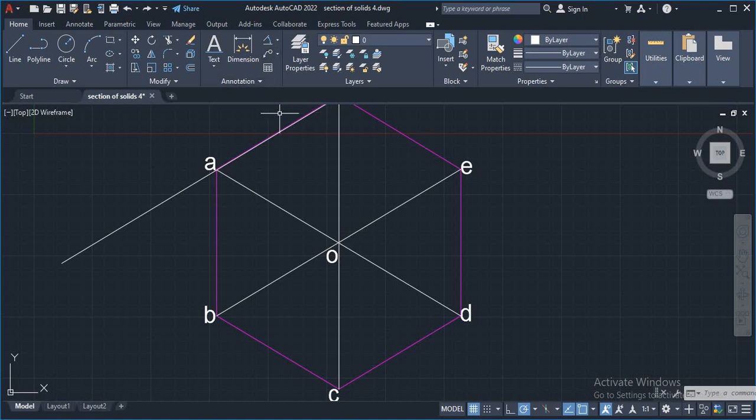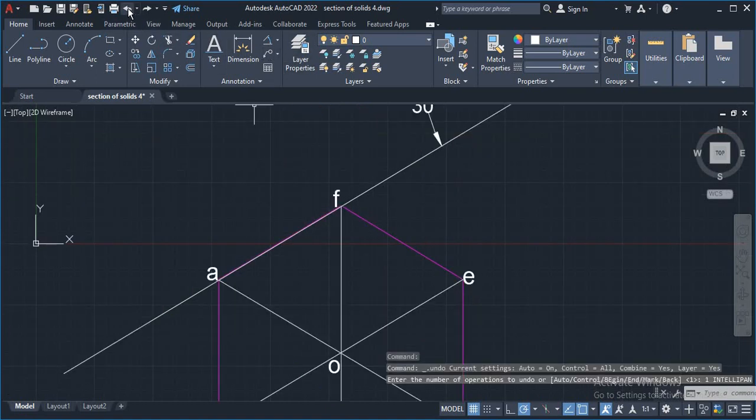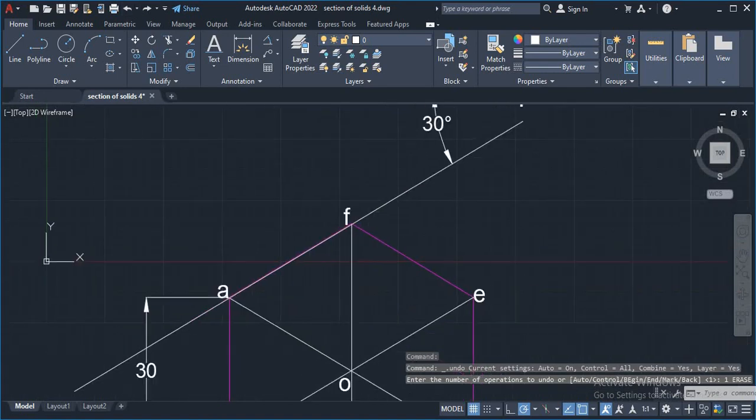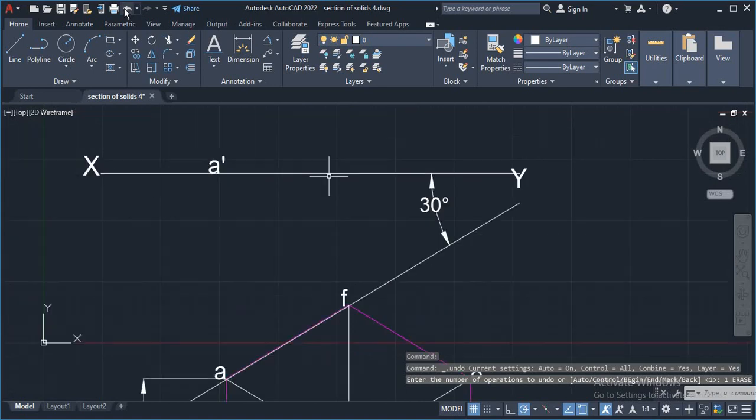Now the cutting plane is 10 mm away from the center. The simplest way, you can draw a circle. But before that we construct the front view.